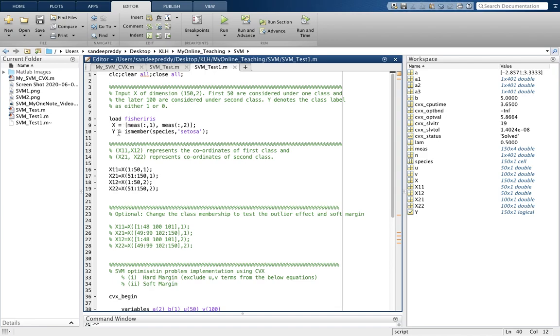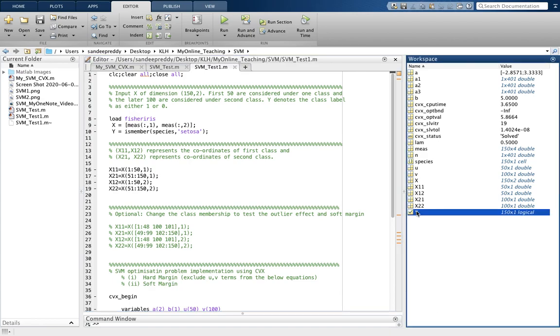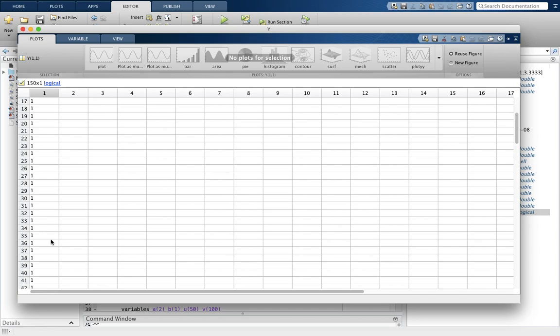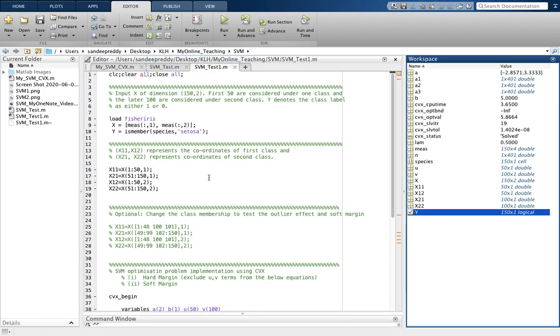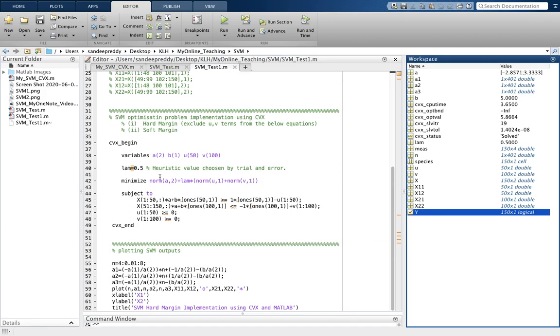I have loaded them into X, and the corresponding class labels have been loaded into Y. So Y would contain the data points labelled either 1 or 0. I have split it into two categories: one is 150 data points in one class and the other 100 data points in the other class. So this is trying to do that part, and this is where CVX starts.